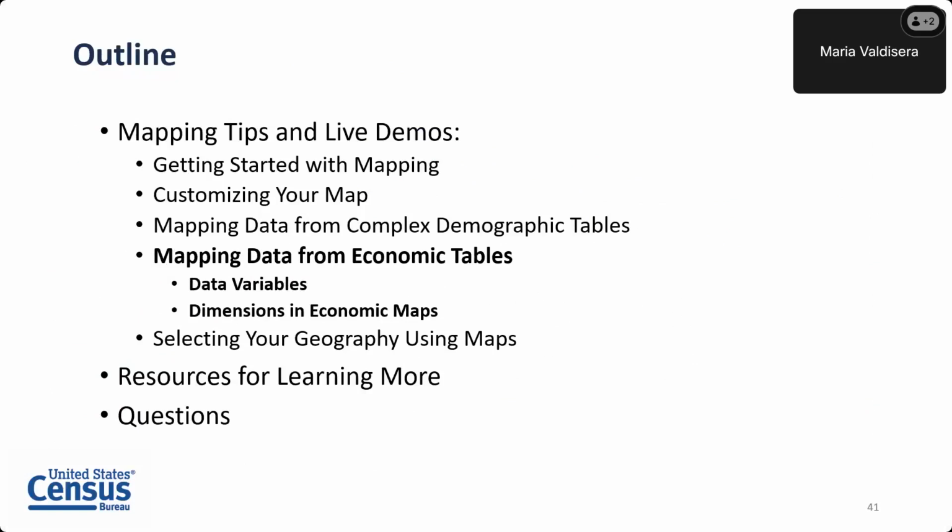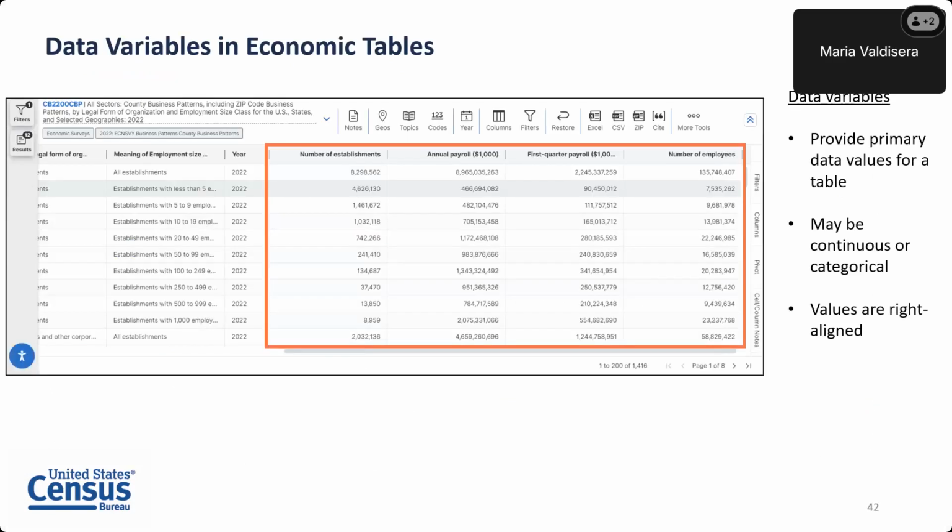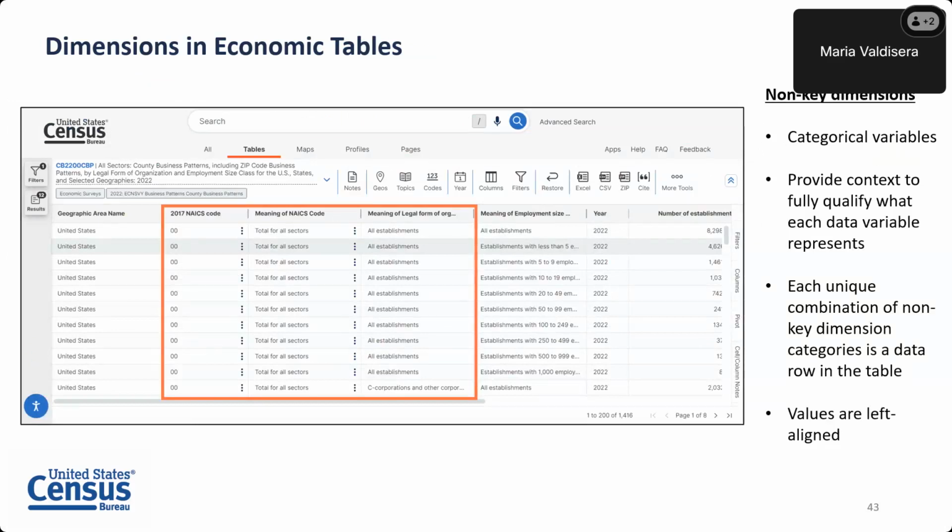So with data variables and economic tables, those provide primary data values for a table. They may be continuous or categorical, and a good rule of thumb is that the values are right aligned in the table itself. As another distinction, there are also dimensions in economic tables.